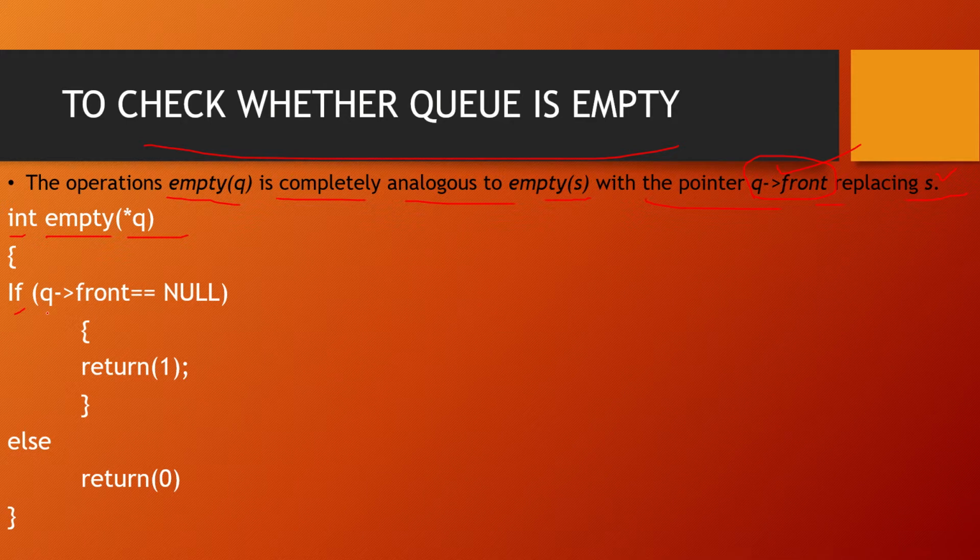Now it is checking if q front is equal to null. We could check here that q rear is equal to null, but it is saying if q front is equal to null, we return 1, else return 0. It means if this function returns 1, the queue is empty, otherwise there are some elements in the queue.